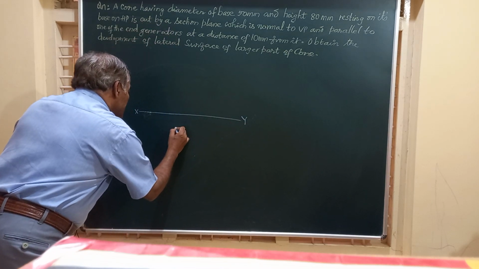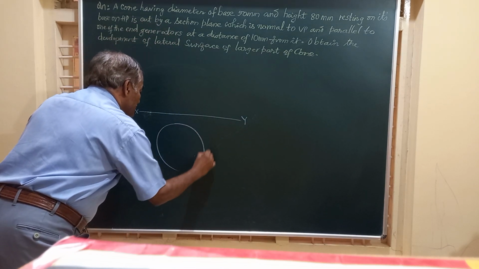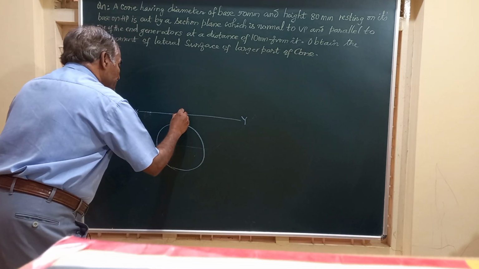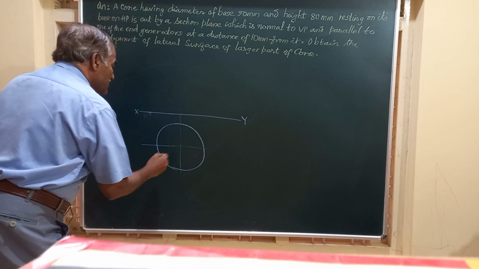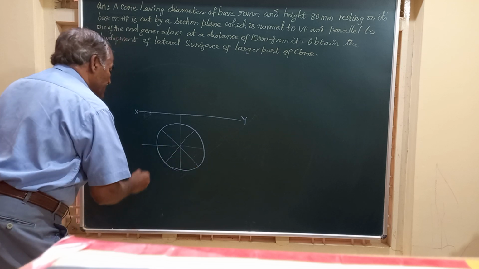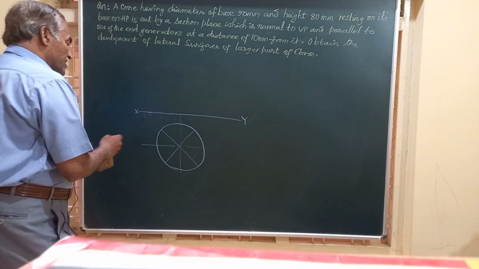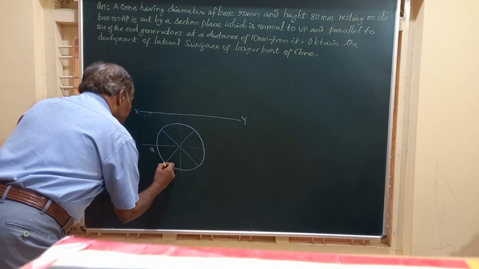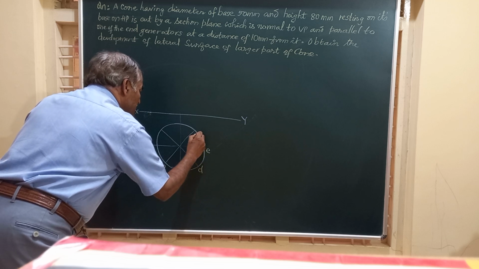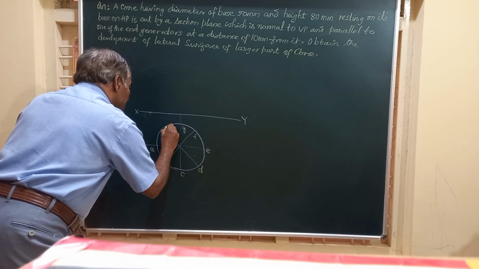So I am going to mark the XY line, and here I am going to mark the top view, that is a circle of diameter equal to 50 millimeter as specified in the question, and we'll divide this into 8 equal parts since it has no edges to draw the development. So we'll mark this as A, B, C, D, E, F, G and H.